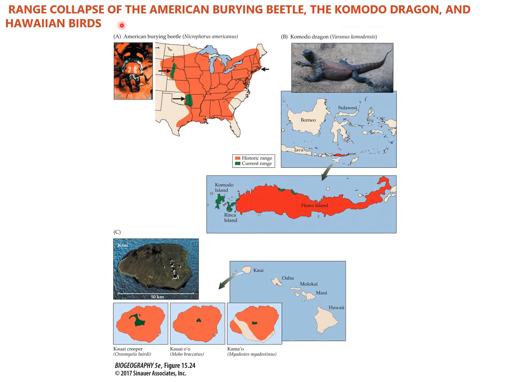Not just mammals though. Here's the range collapse of the American burying beetle, the Komodo dragon, and Hawaiian birds, all exhibiting similar trends where they were really widespread and then collapsed. And what usually happens here is that when a species experiences dramatic range collapse, they usually collapse to the most isolated parts of their range.